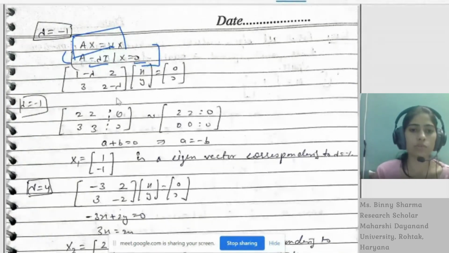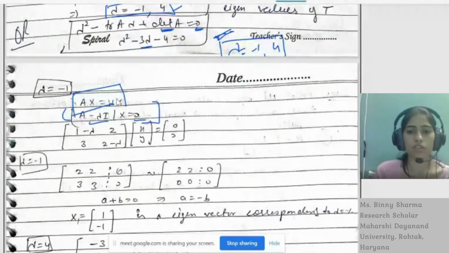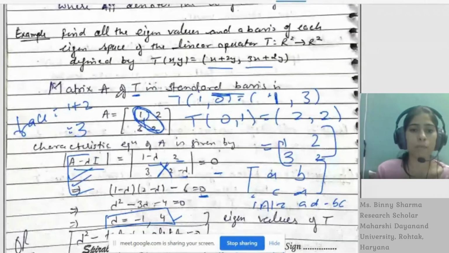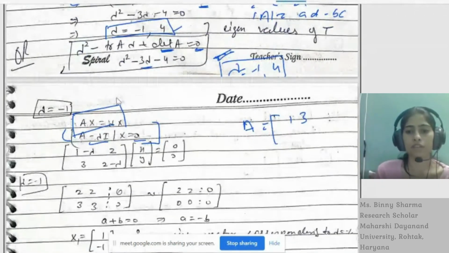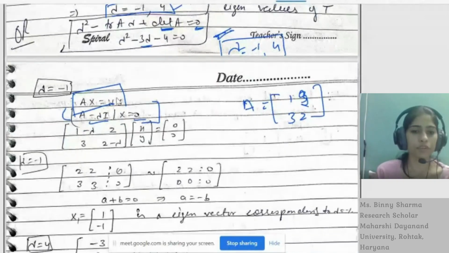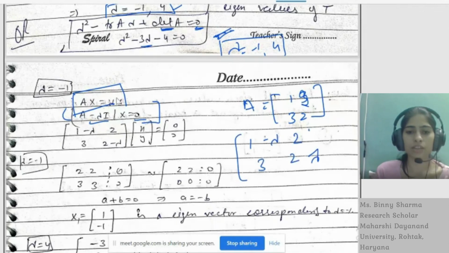So from the matrix 1, 2, 3, 2, we apply A minus lambda I: 1 minus lambda, 2, 3, 2 minus lambda, times (x, y) equals (0, 0).